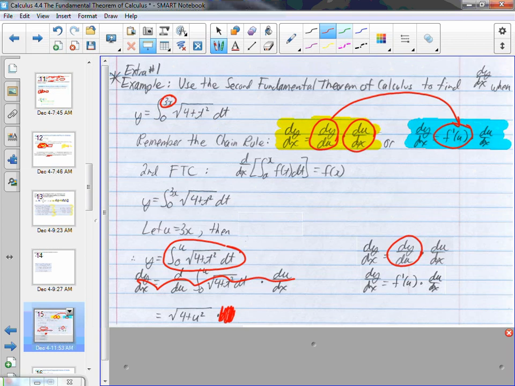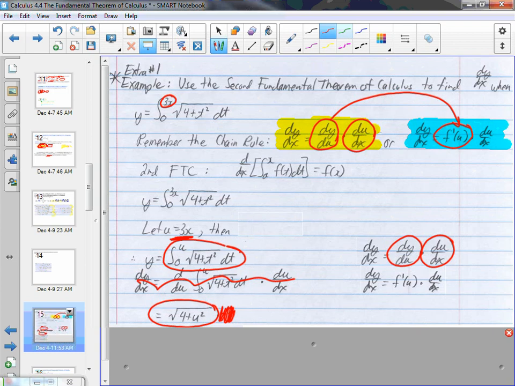That's the second fundamental theorem of calculus, isn't it? All right? The derivative of what I have circled in red equals the other thing I have circled in red. That's a direct application of the second fundamental theorem of calculus. Now, the chain rule says times the derivative of u.